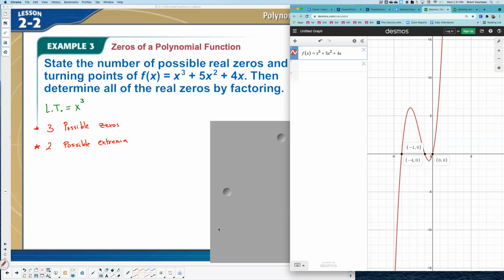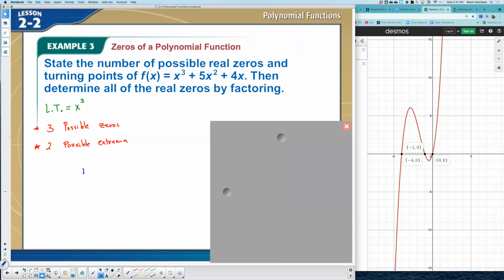I'm going to write those out. The real zeros: x equals -4, -1, and 0. I'm going to mark that in.